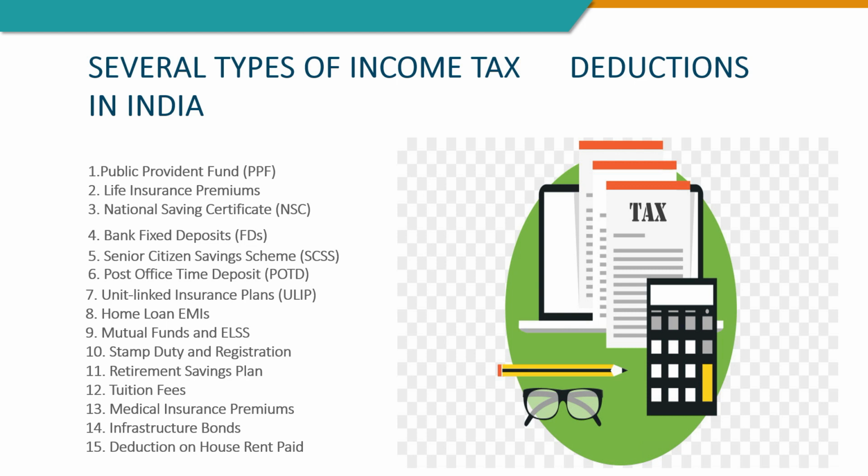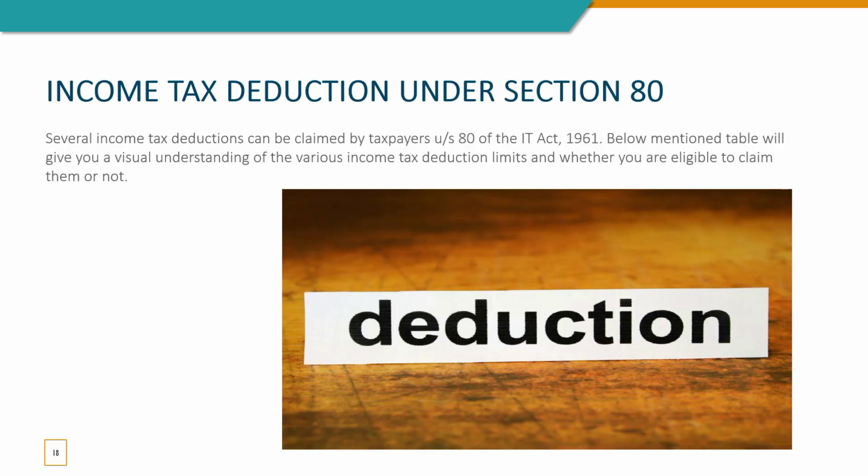Several types of income tax deductions in India: Public Provident Fund, PPF, life insurance premiums, National Savings Certificate, NSC, bank fixed deposits, FDs, Senior Citizen Savings Scheme, SCSS, Post Office Time Deposit, POTD, Unit Linked Insurance Plans, ULIP, home loan EMIs, mutual funds and ELSS, stamp duty and registration, retirement savings plan, tuition fees, medical insurance premiums, infrastructure bonds, deduction on house rent paid.